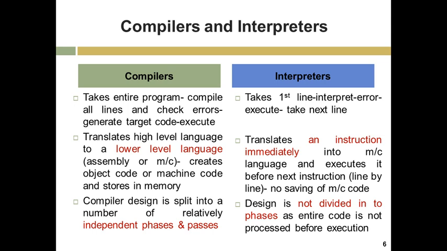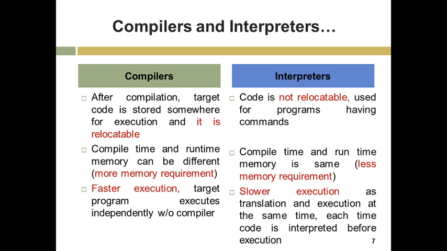The design of a compiler is split into a number of relatively independent phases or passes, while the design of an interpreter is not divided into phases as the entire code is not processed before execution. In a compiler, the target code is stored somewhere for execution and it is relocatable. In an interpreter, code is not relocatable.